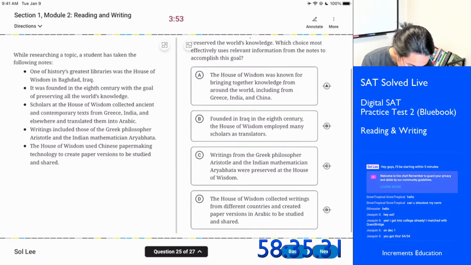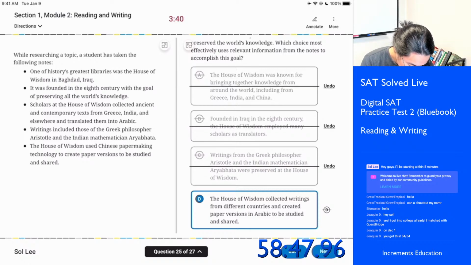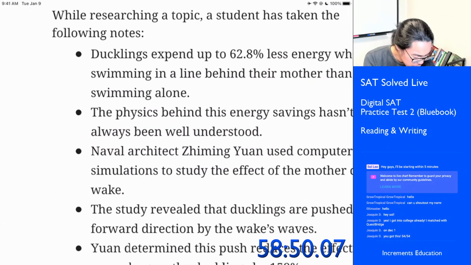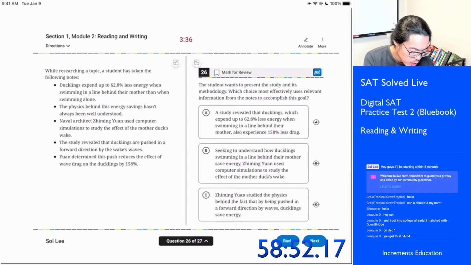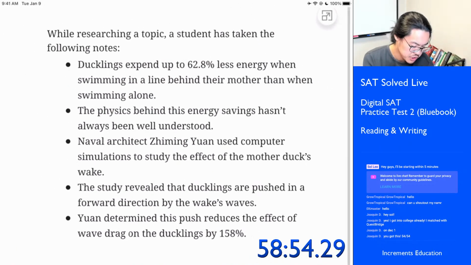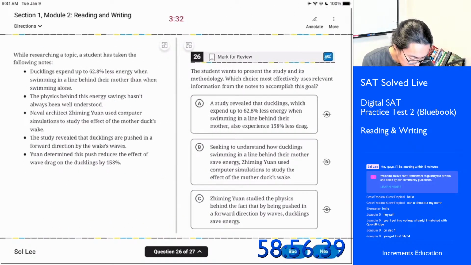How they did it? Yeah, that's how they did it. Yep. Oh, you know what? I think reading the left side does help, like knowing what it's talking about, because then you can just make a prediction, especially for the harder ones.